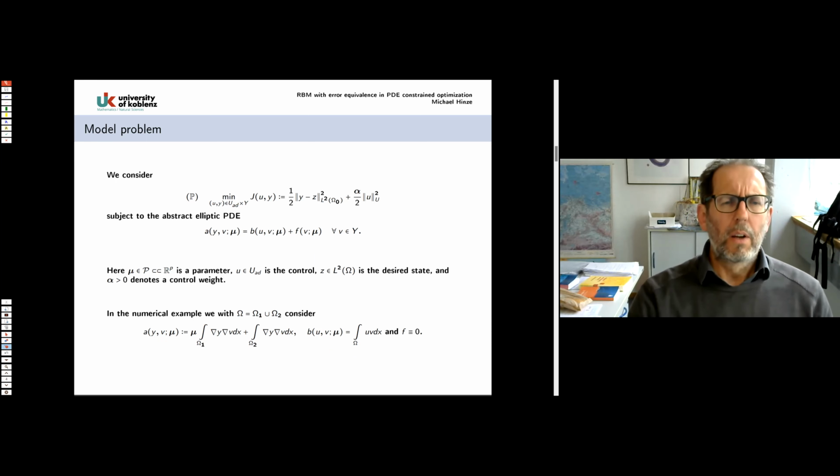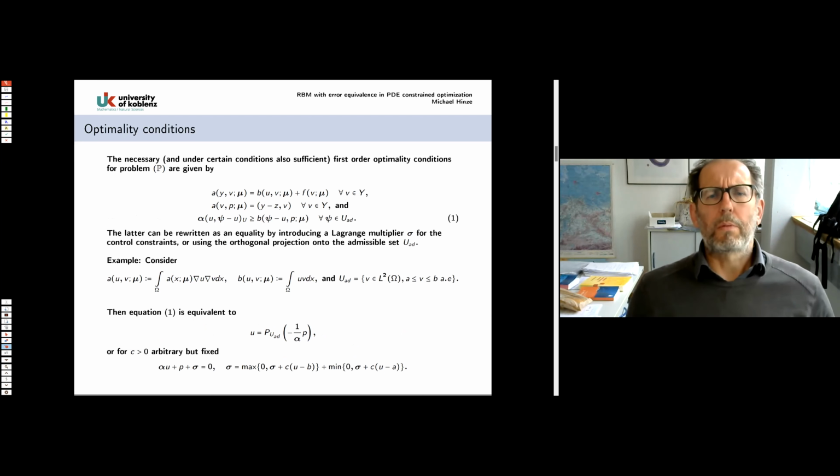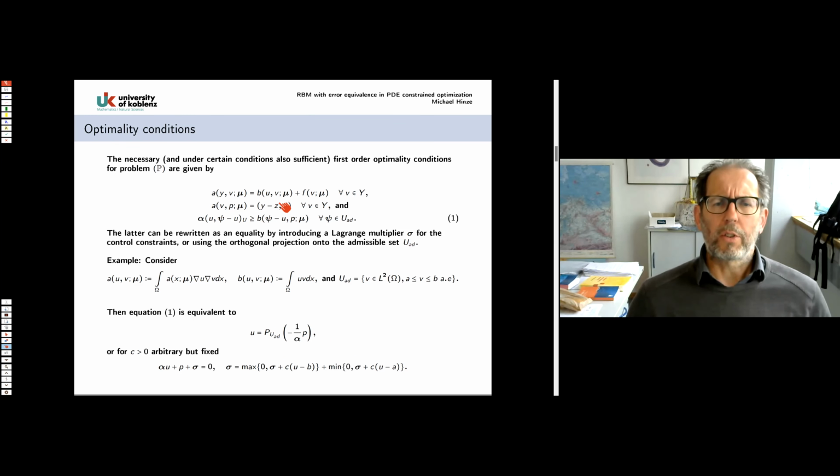It's the setting, and now it's well known what the optimality conditions look like for the system. They are composed of the state equation, that's the PDE, where the control is on the right-hand side here. It's accompanied by an adjoint equation where the observation enters.